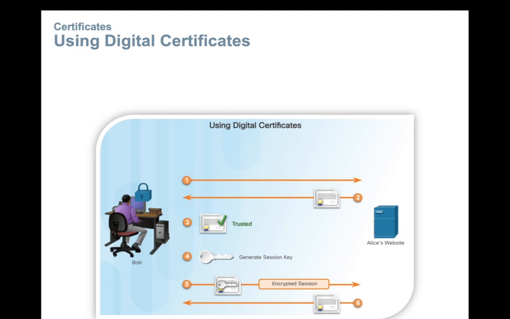In this scenario, Bob is purchasing an online item from Alice's website. Bob's browser will use Alice's digital certificate to ensure he is actually shopping on Alice's website and to secure traffic between Bob and Alice's website.